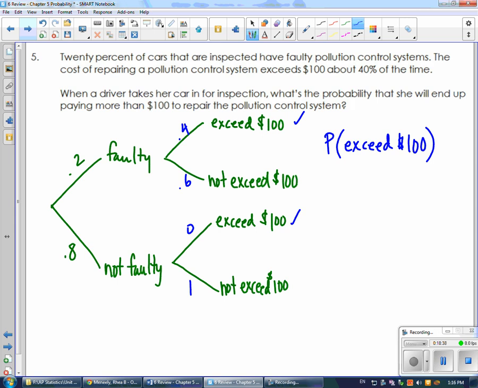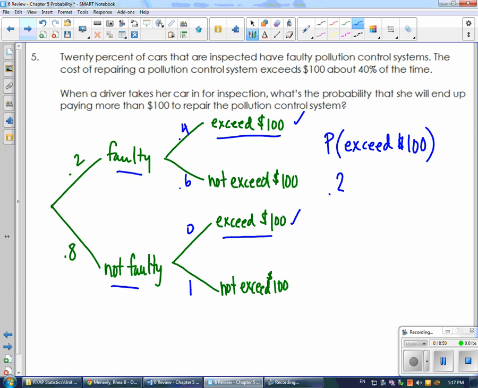And if you've constructed the tree diagram, then it makes it really easy to simply multiply across the branches and then add the branches together. Because she could have a faulty system and exceed, or it may not be faulty and exceed. So we'll find that the second alternative doesn't really ever occur, but the math still works out.